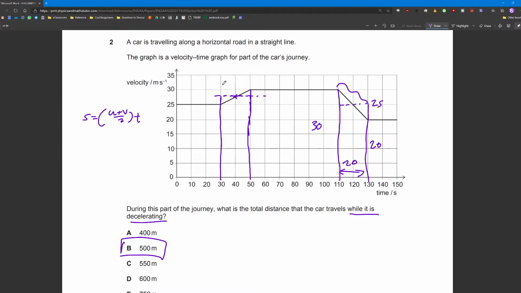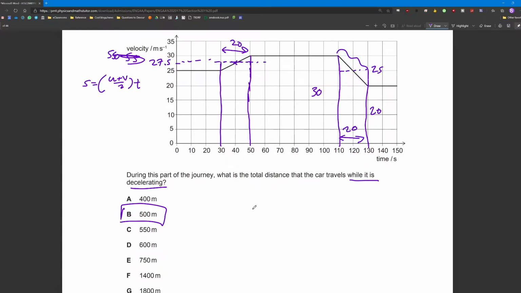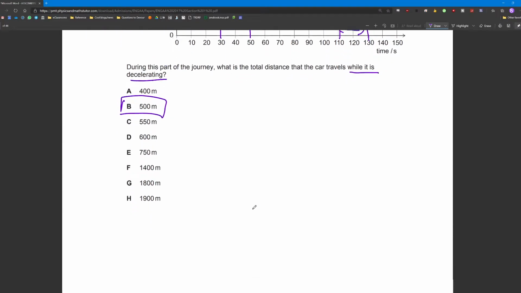The width is quite easy to get, it's 20, and the height is going to be like 27.5 because it's in between 30 and 25. For instance, if I wanted to work this out, I'd just go 27.5 times 2 is 55, and then times 10 is 550. And like so for this trapezium. So that was quite trivial, which is that the distance traveled is the area under the velocity-time graph.